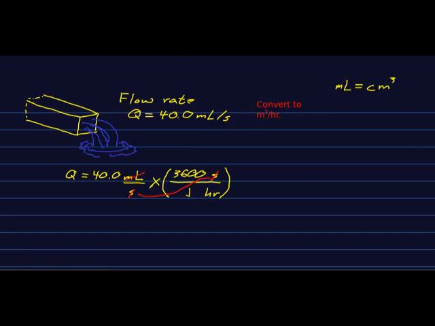Milliliters I can just replace with cubic centimeters. And now here's where a lot of students make an error, because it's really tempting to say, oh, I know how to do that. 1 meter is 100 centimeters. But that's wrong, because there may be 100 centimeters in a meter, but there most certainly are not 100 cubic centimeters in a cubic meter.